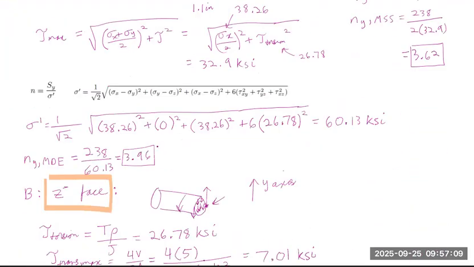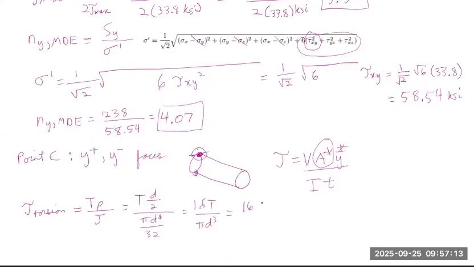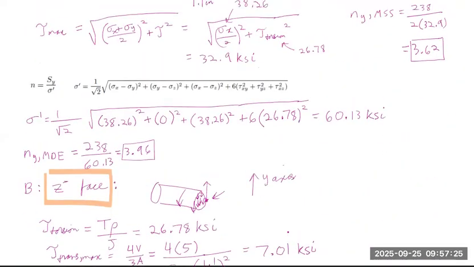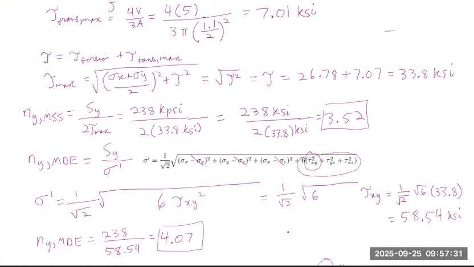So torque is still 7 kip-inch. So we have 7 kip-inch over pi times the diameter, which is 1.3 inch.